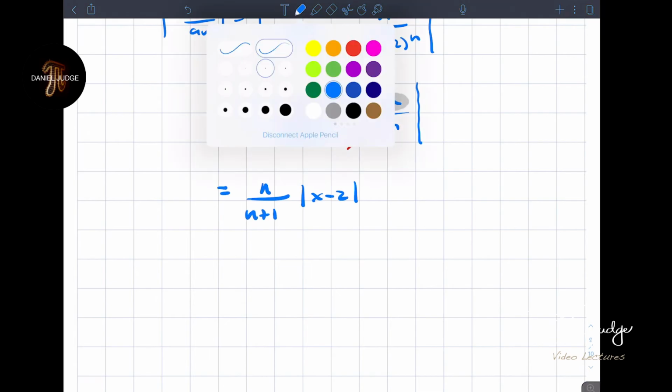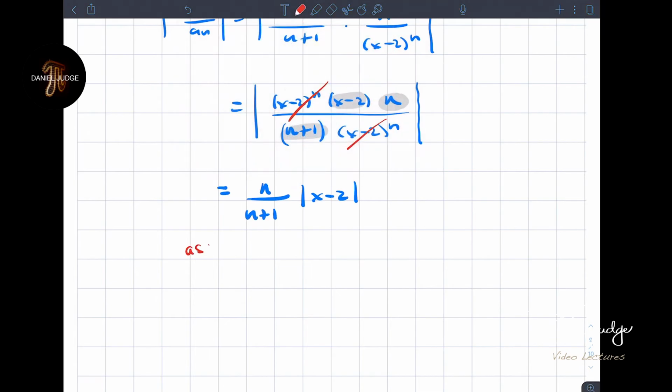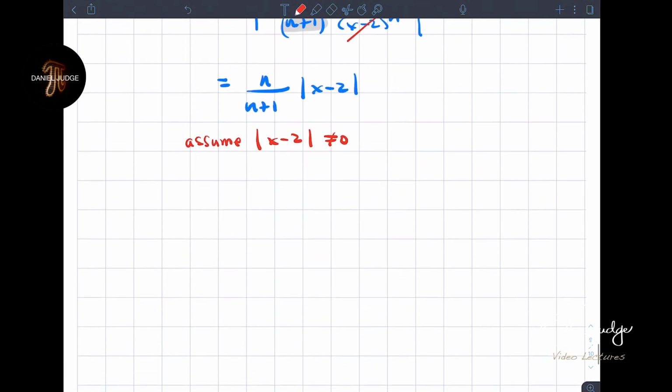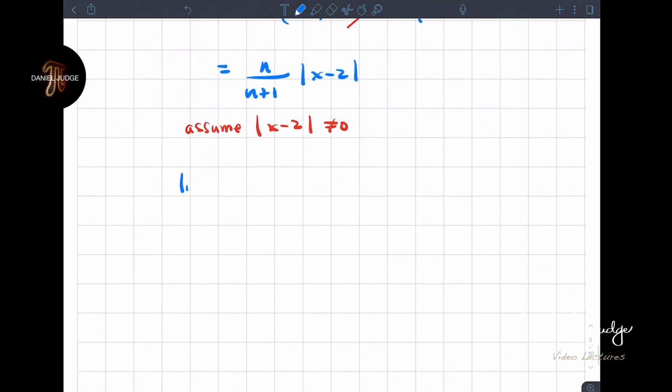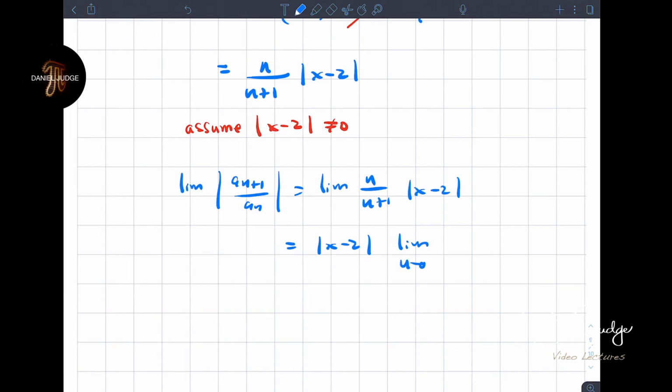Now, here, though, you will assume the absolute value of x minus 2 is not 0, because we're going to look at the limit, right? So you look at the limit now of that ratio. And you're pulling out that x minus 2, because this is a limit that involves the variable n.